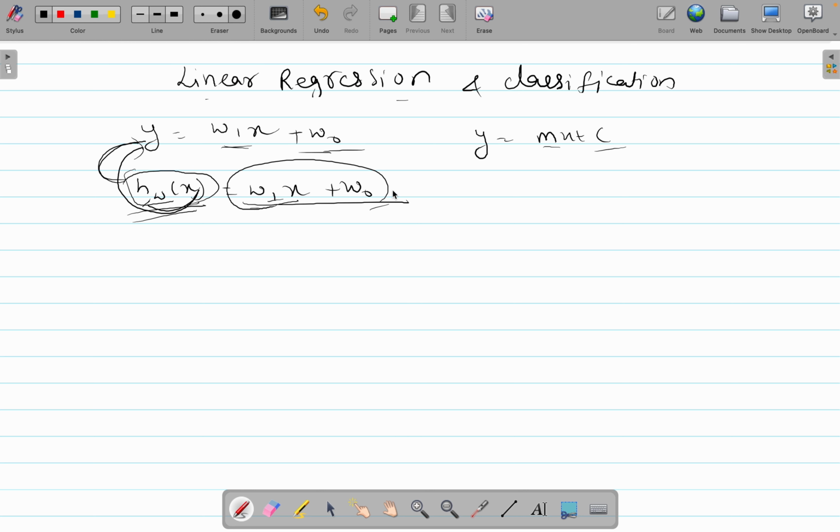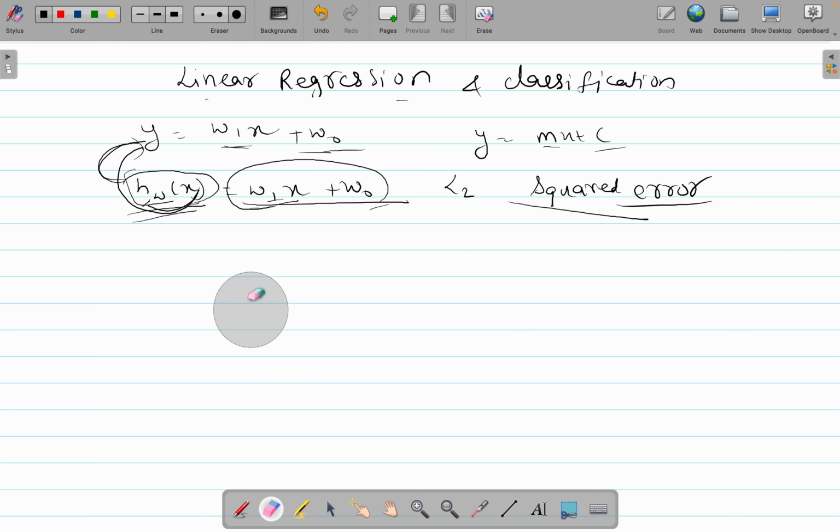Traditionally, we use the L2 loss. L2 is the squared error. I explained in the previous videos what L1 and L2 are. So L2 was the square, and now we have to reduce this squared error.